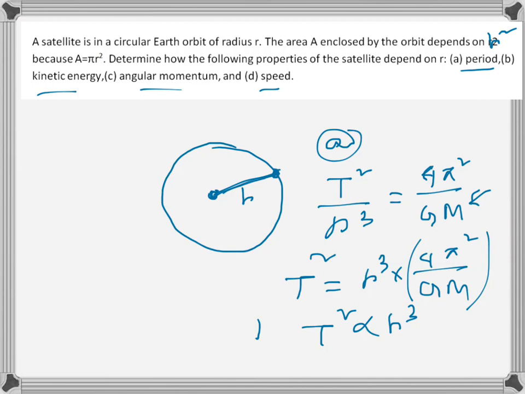Then we need to find angular momentum. Angular momentum, that one is m omega r, that we know.